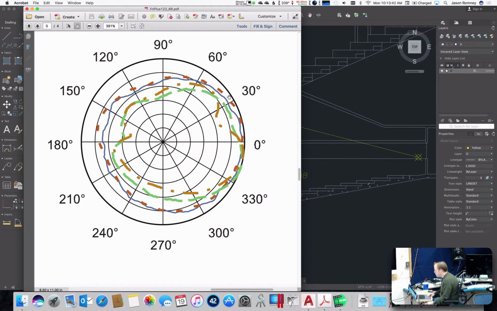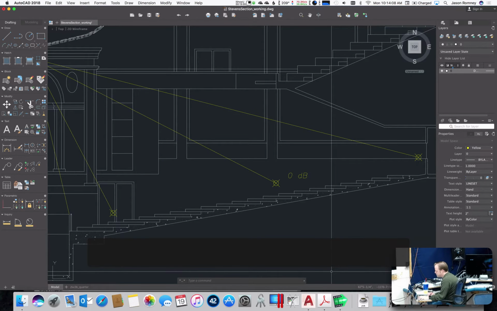So where would 13 degrees be at 1K? Well, 30 is here, so 15 would be halfway there, and 13 would be a little bit around there. It's actually pretty close to 6 dB down at 1 kilohertz. So that means I'm already looking at a -6 right there.